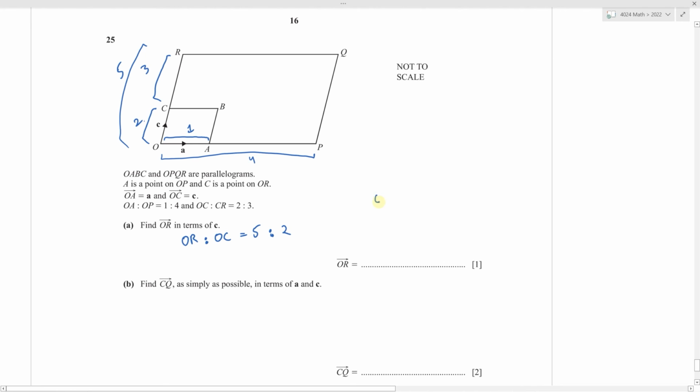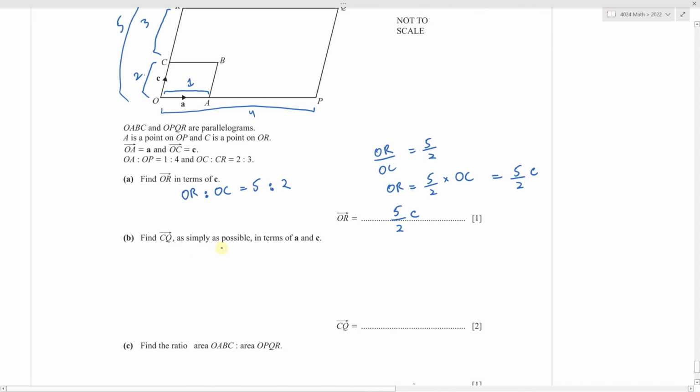If I write it as a fraction, OR over OC is 5 over 2. This gives me OR is 5 by 2 times OC. And OC is C, so in terms of C, OR is 5 over 2 C.